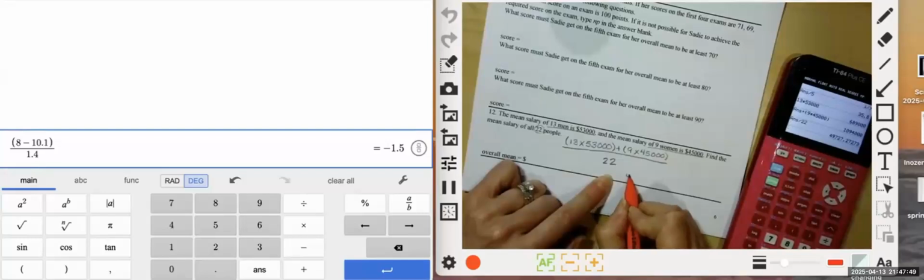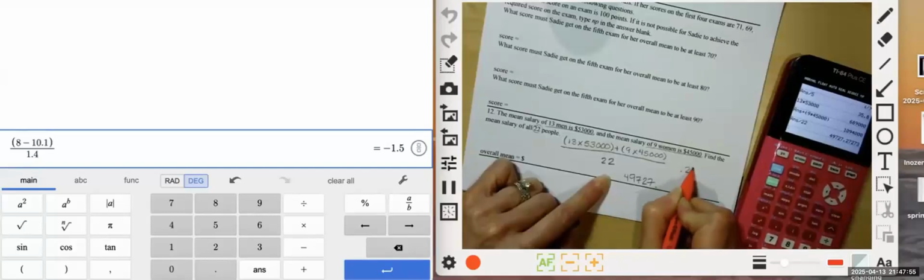So 49,727, and then 0.2727. And we always round money to the nearest cent unless otherwise specified, so 0.27.